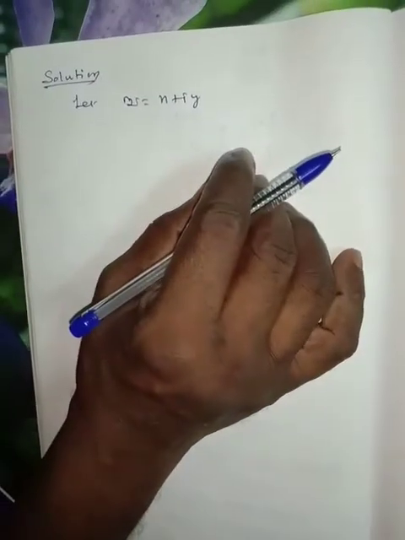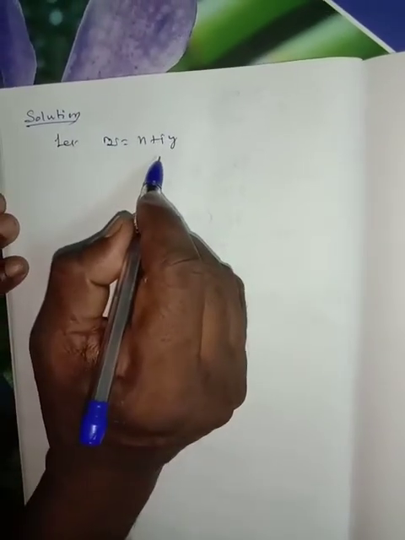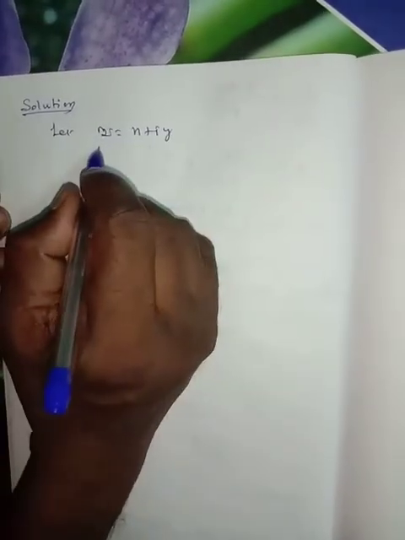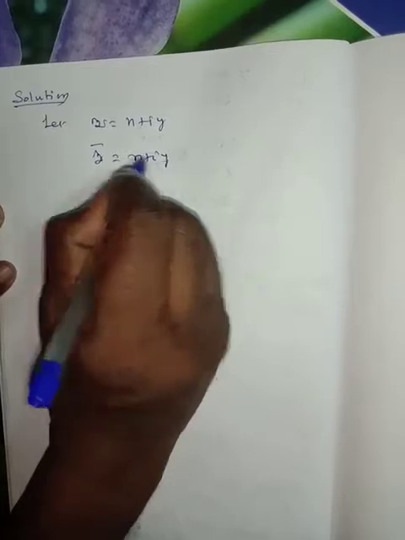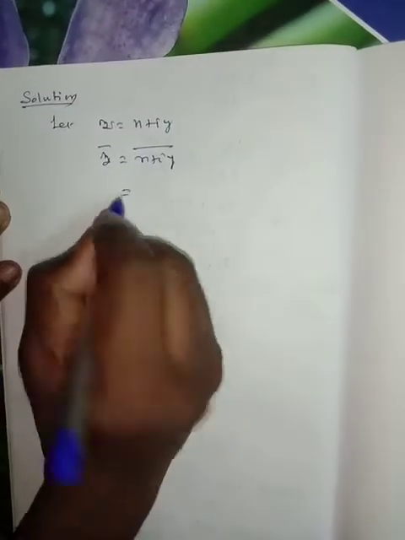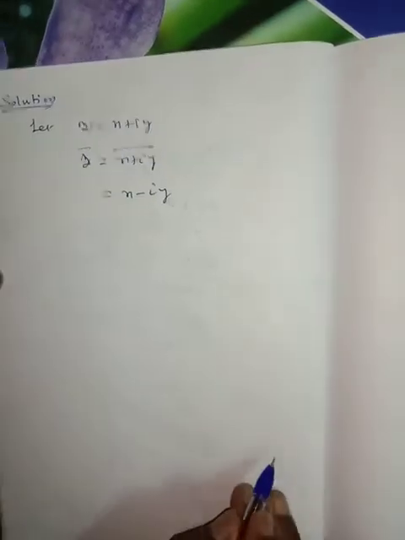First part is z is real if and only if z is equal to z bar. Now z is x plus iy. z bar is the conjugate of x plus iy, which is x minus iy.